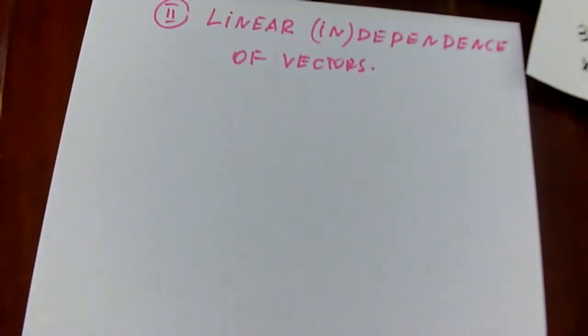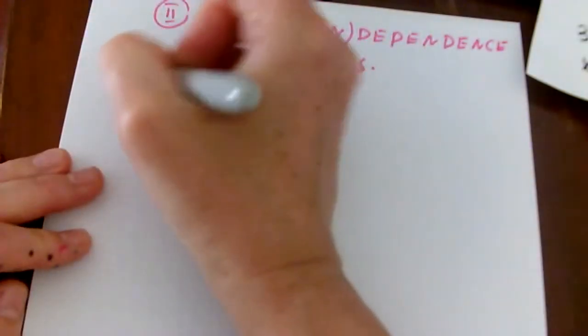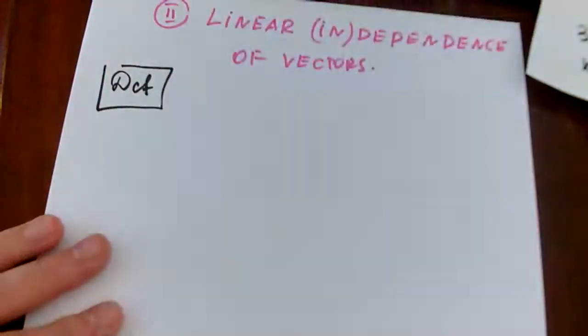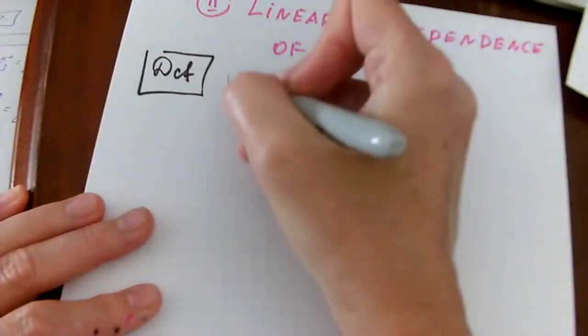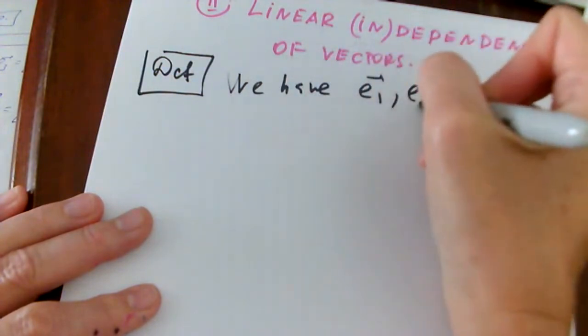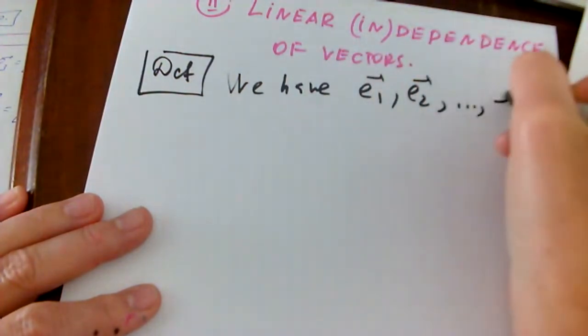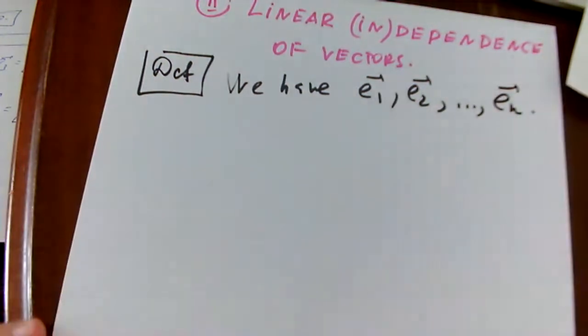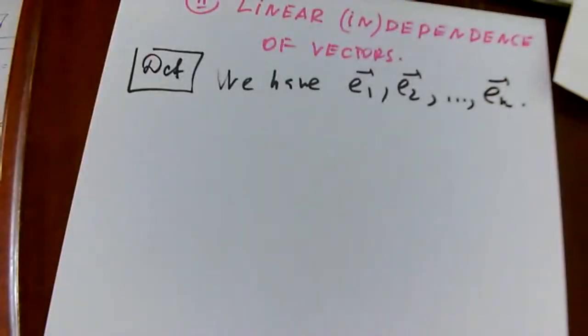But let me remind you the definition first from the previous semester, from linear algebra. So we have a collection of vectors e1, e2, and so on, and en. It could be any number of vectors with any number of components. It doesn't matter. So how to find out if they are dependent or independent?